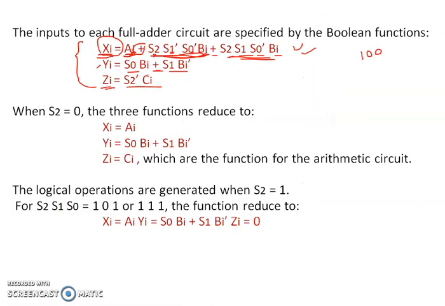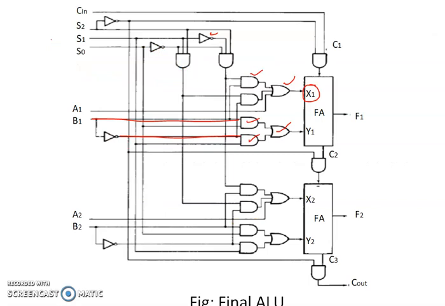S1 will be together with this Bi complement, so from this S1, it comes over here and is given as an input to the Bi complement.